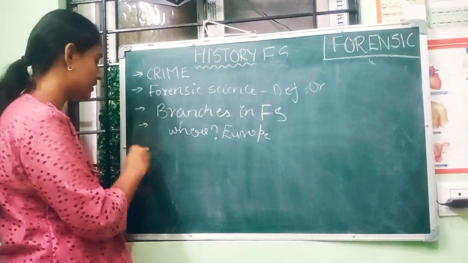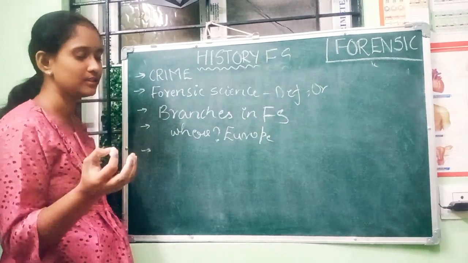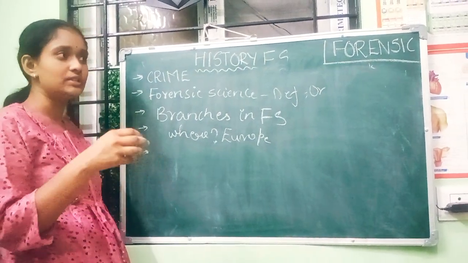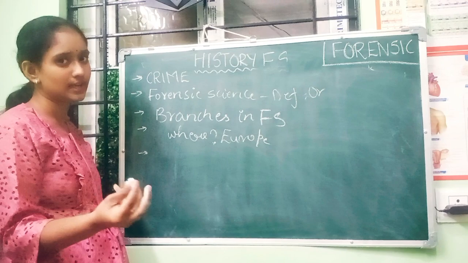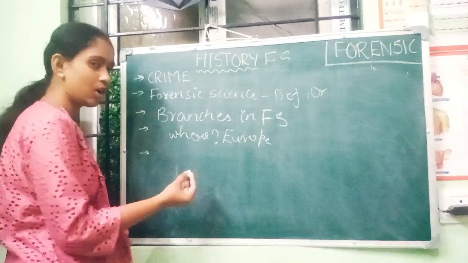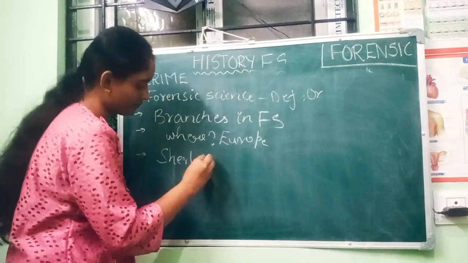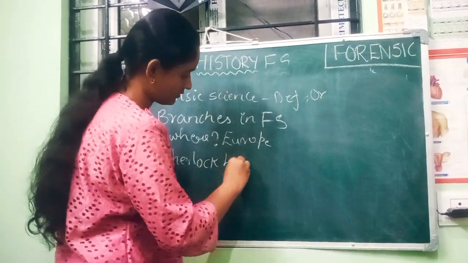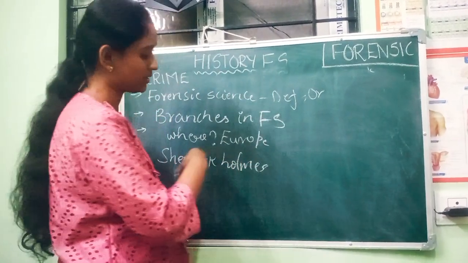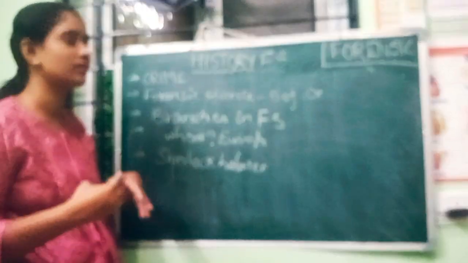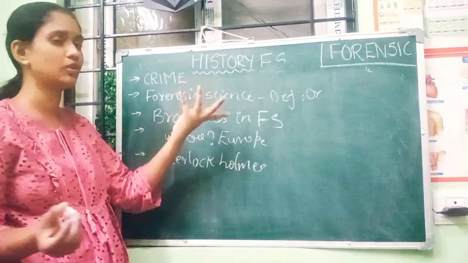And then we studied the famous fictional character made by a scientist, Sherlock Holmes. You can make a note: Sherlock Holmes. Because of this only we got the scientific approach for forensic science.